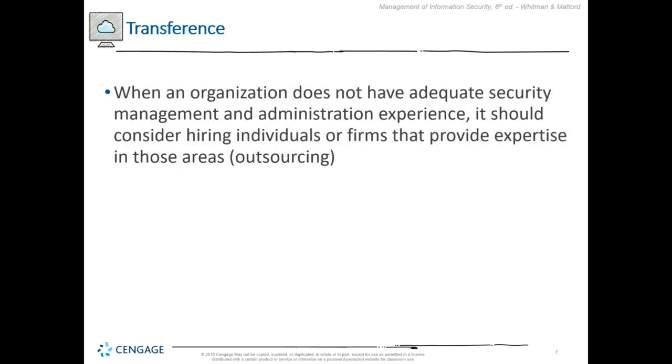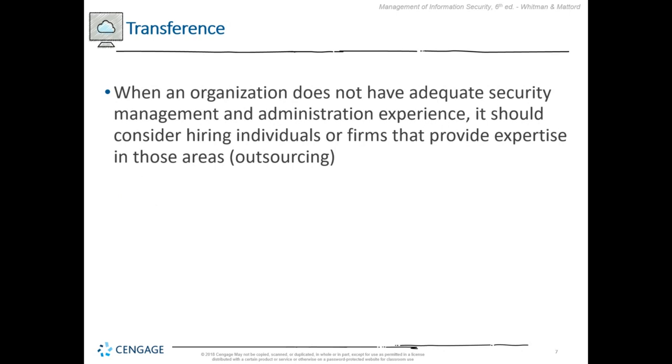You may also have transference, where the organization doesn't have the adequate security management or administration experience. In this case, they may decide to outsource the management of the risk. The organization chooses to hire either an ISP or a consulting organization, so they get the product or services, maybe something like server acquisition or configuration, web development, maintenance, administration, and even some of the InfoSec functions may be outsourced.